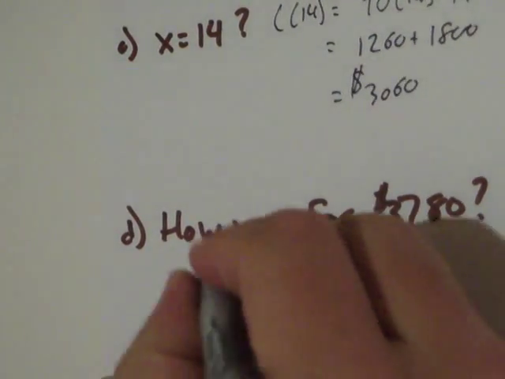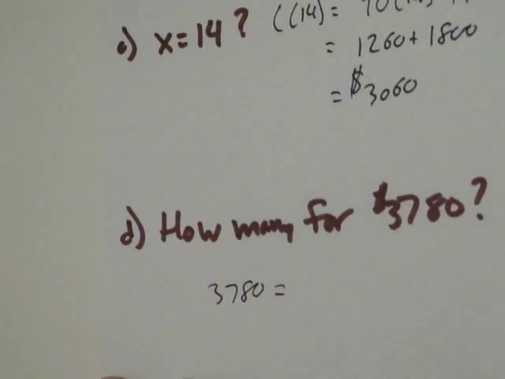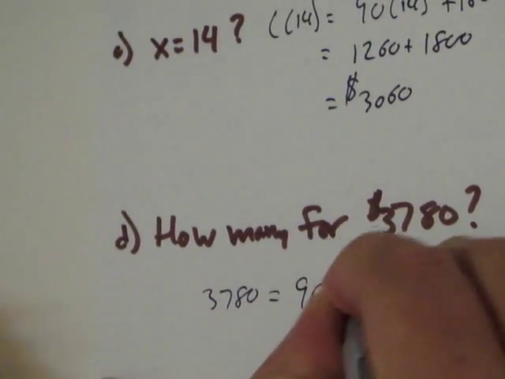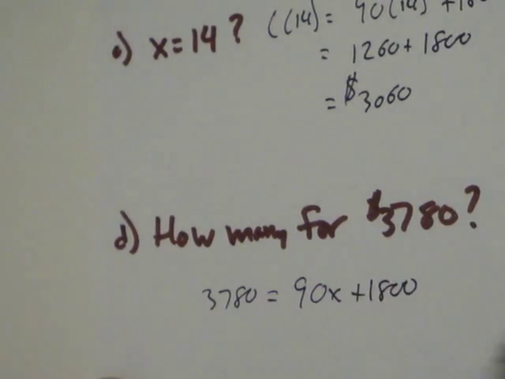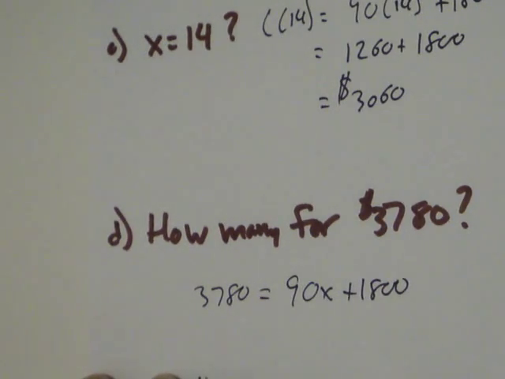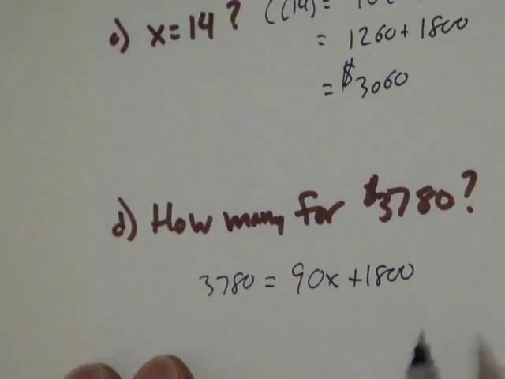We know we have to end up with 3,780. What we don't know is the x. 90x plus 1,800. Whatever number we plug in for x has to end up being 3,780. If we solve this, whatever number we get for x, that'll be the number that makes this work. So let's see what happens.